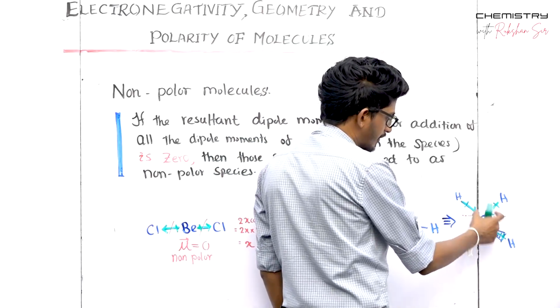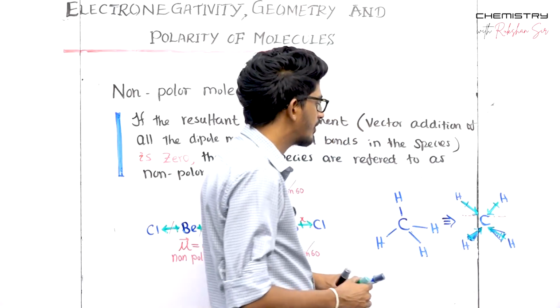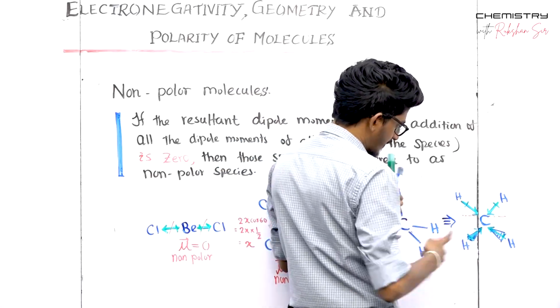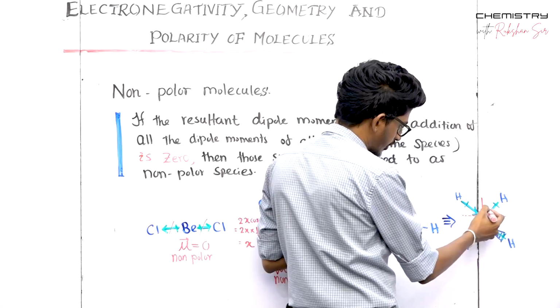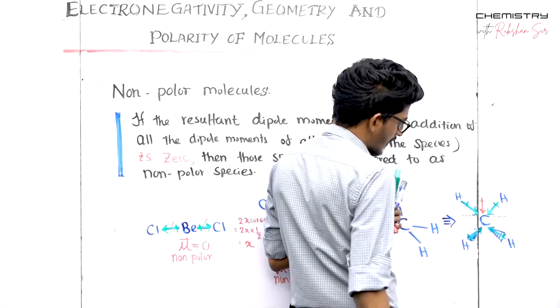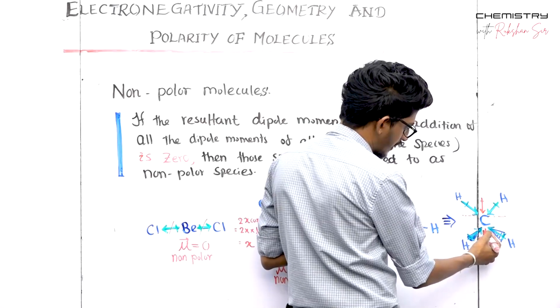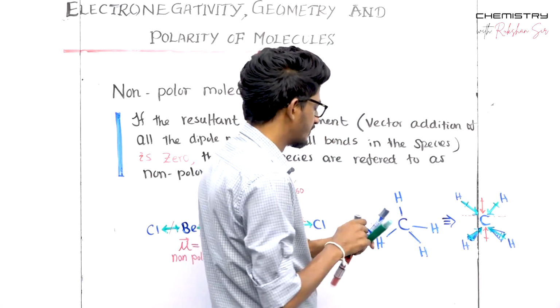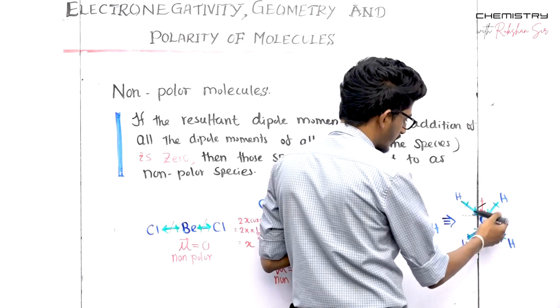The two, each other, will cancel off their horizontal resultants. And for the vertical resultants, the upper two will give you this kind of vertical resultant, and the bottom two will give you this kind of vertical resultant. So those will also cancel off. Right? Those will also cancel off.